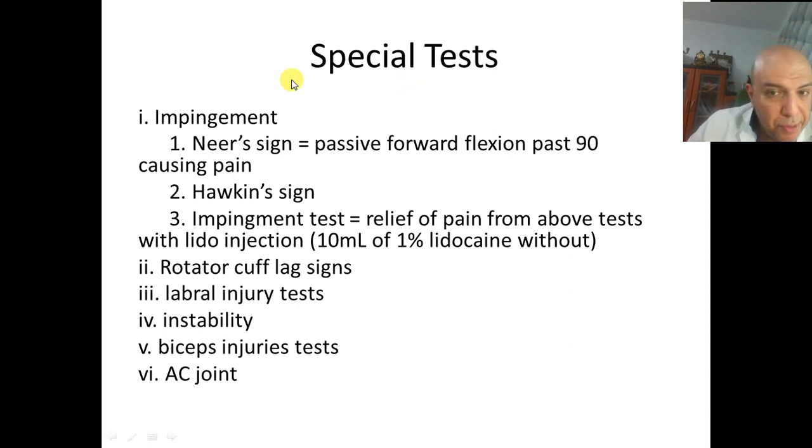Okay, again, the special tests which are combined there. We did Neer sign and Hawkins sign, both in forward elevation. And I inform you that the remaining test for impingement is the impingement test by injecting lidocaine, by injecting some steroid. And there is another collection which is the rotator cuff lag signs, the lift-off test and the lag sign, which I informed you before.